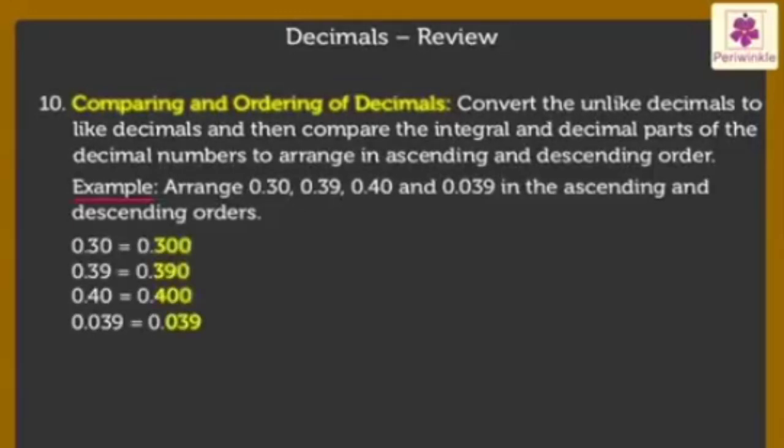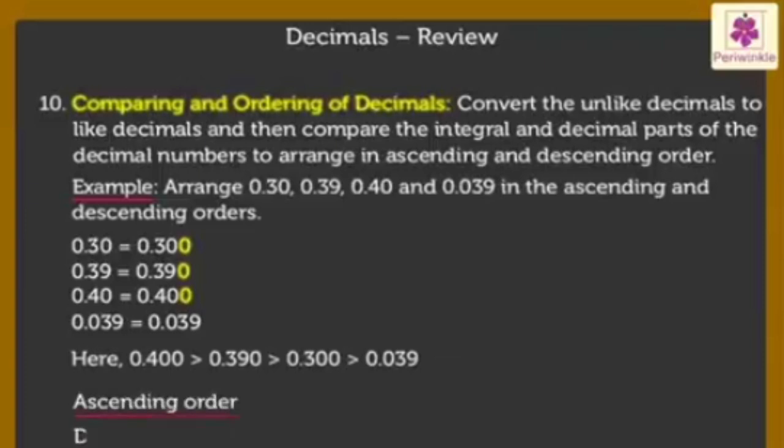On comparing the decimal parts, we get 0.400 is greater than 0.390 is greater than 0.300, which is greater than 0.039. Thus, we get the ascending and descending orders as shown here.